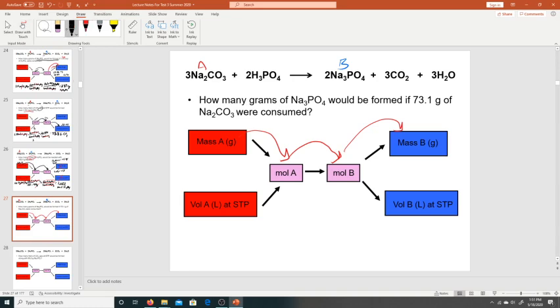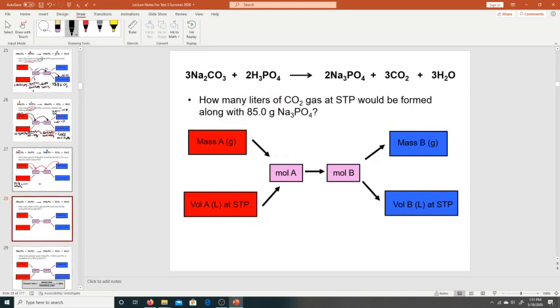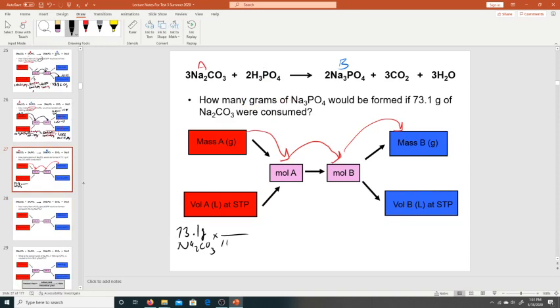Okay, so start off with 73.1 grams of Na2CO3. So I need to find now the molecular weight of that. We used sodium carbonate in the previous problem, it was 105.99, so that's not going to change. 105.99 grams of Na2CO3 is 1 mole of Na2CO3.